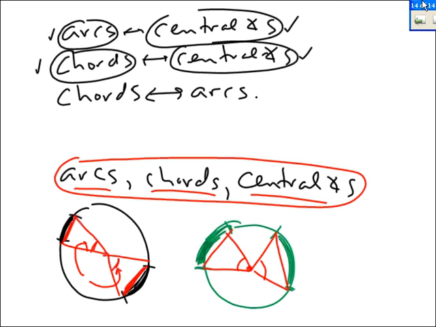You better believe it. If any one of them is not true, if this angle and this angle are not the same, then the arcs are not the same, nor are their chords. All three or none of the three are congruent. Arcs, chords, and central angles.